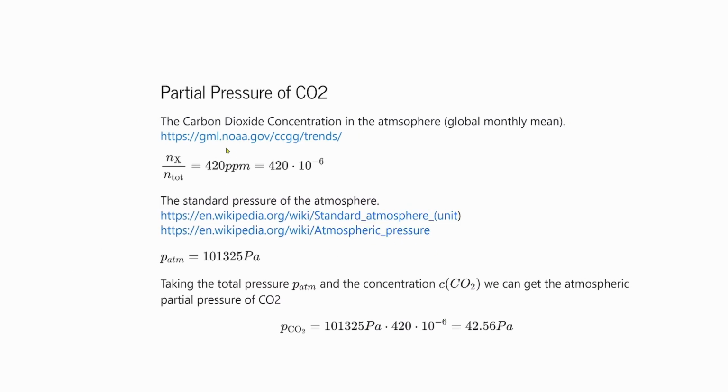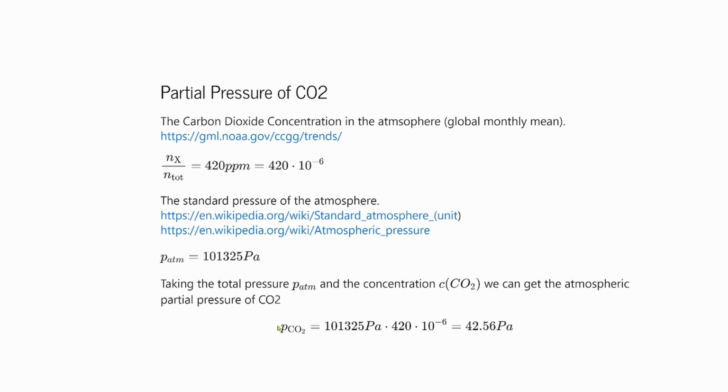For our given atmosphere, currently 420 ppm, so ppm parts per million, so 420 times 10 to the power of minus 6 for this ratio. And then you can look up the standard pressure of our atmosphere also on Wikipedia.